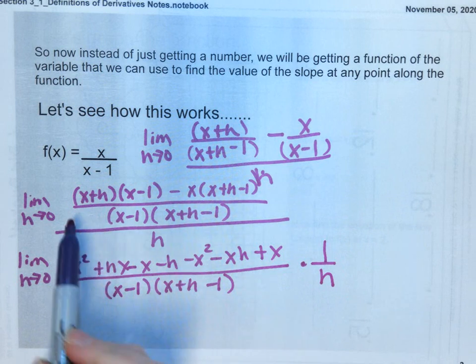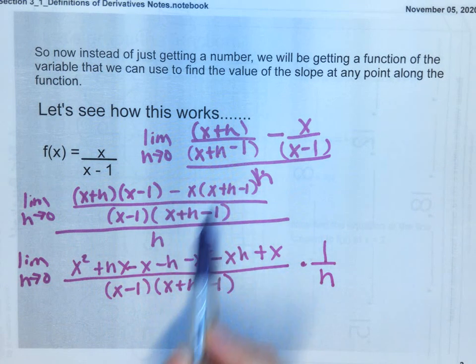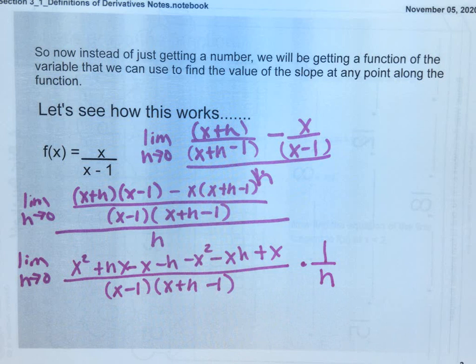I did this multiplication, and this is what I ended up with. Check my math there. Does that all make sense? Why do you have to multiply by 1 over h?